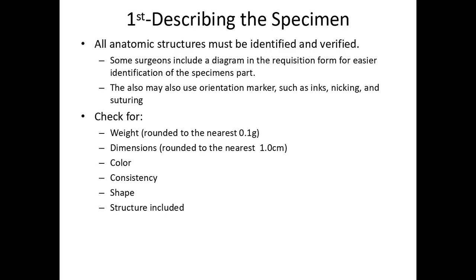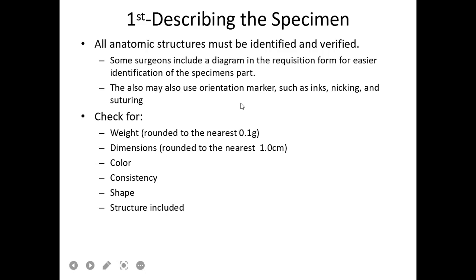So therefore, the pathologist will collect sample from the cervix. For easier identification of specimen part, they may also use orientation markers such as inks, nicking, or suturing into the actual specimen para aware yung pathologist kung saan siya pinapakuha ng sample.